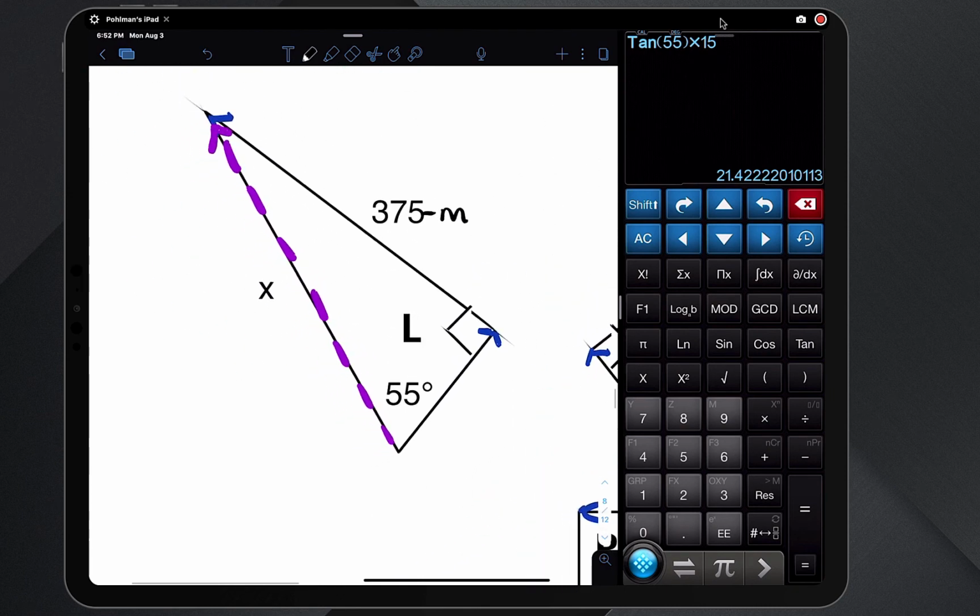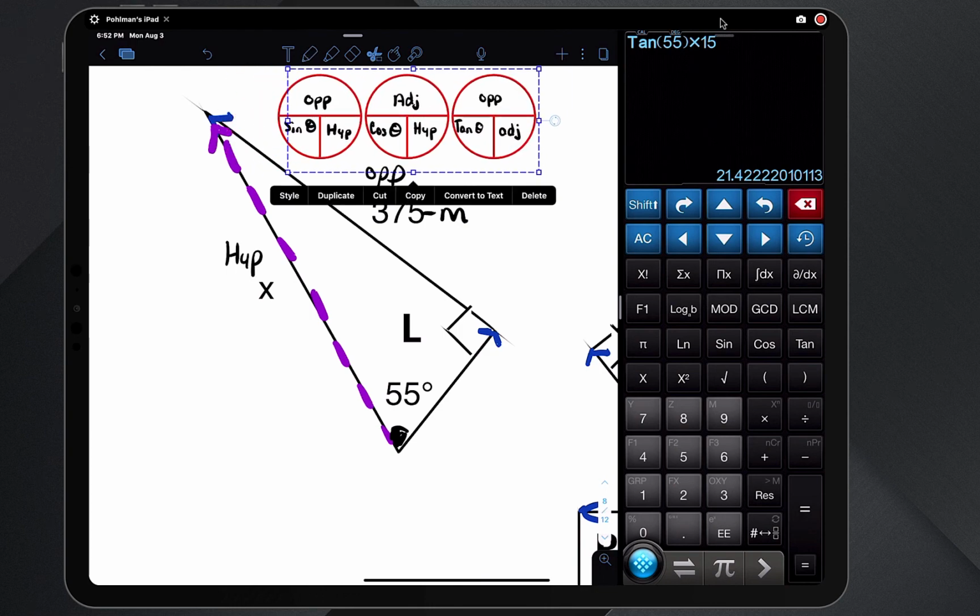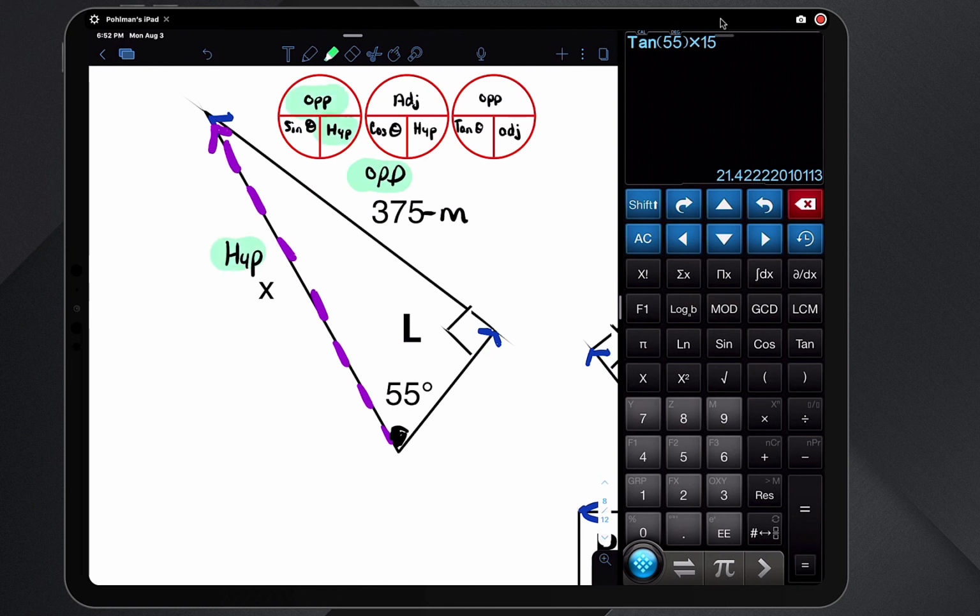Letter L, you have your angle down here, so that means you have the opposite side and the hypotenuse that's labeled. From our list of formulas, opposite hypotenuse, that tells me I'm working with sine. So the hypotenuse is the unknown variable. I cover it up.